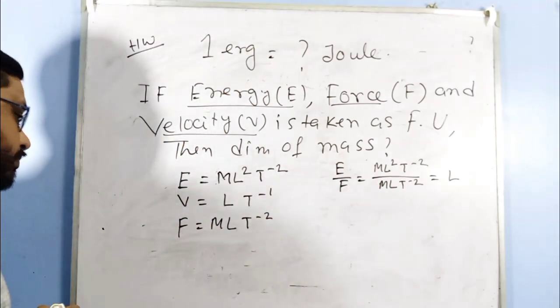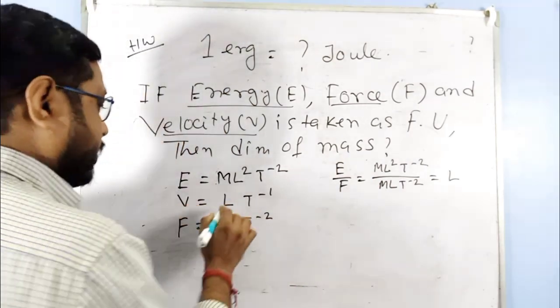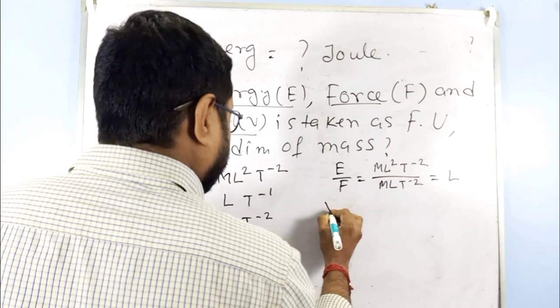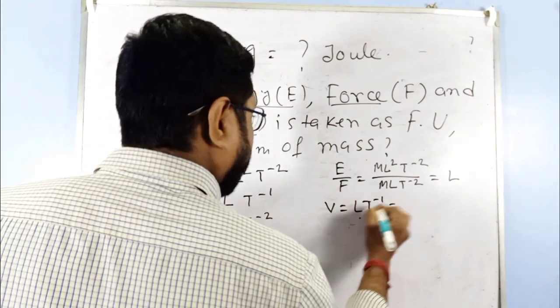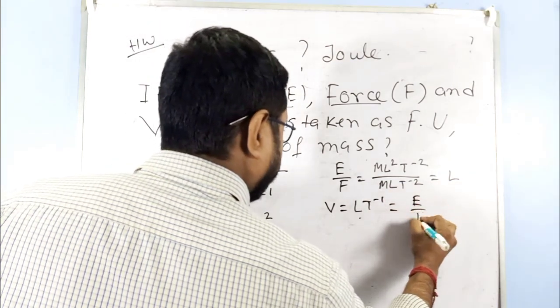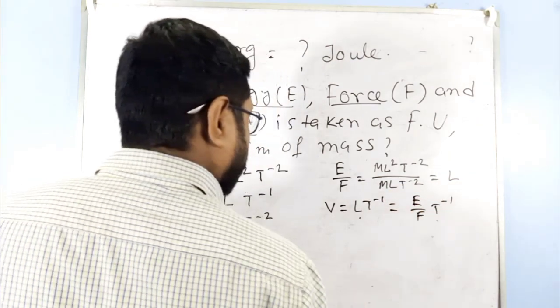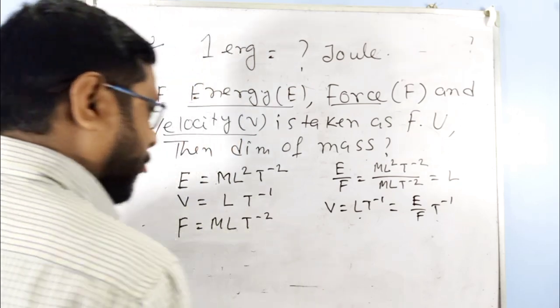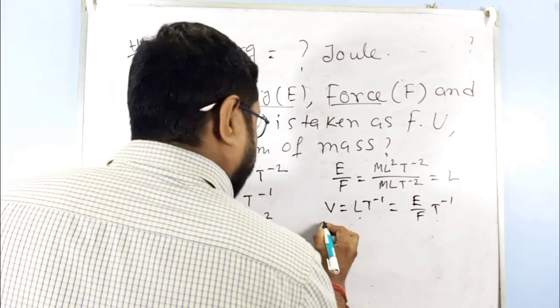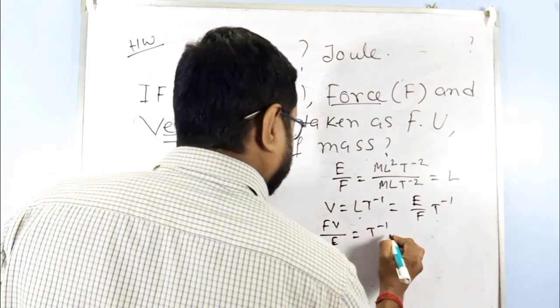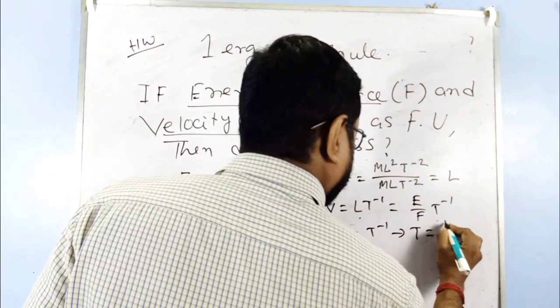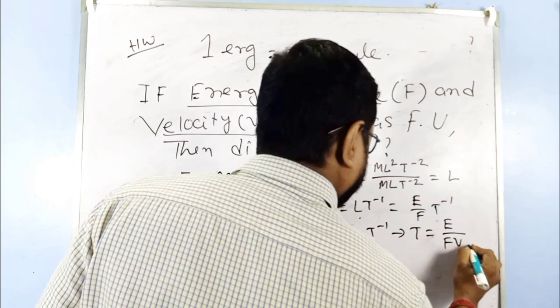Now the dimension of V equals LT⁻¹, so L is written as E by F times T⁻¹. So we get Fv by E equal to T⁻¹, or T equal to E by Fv.